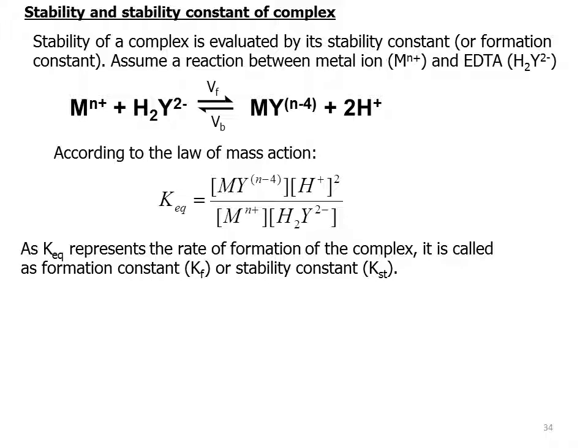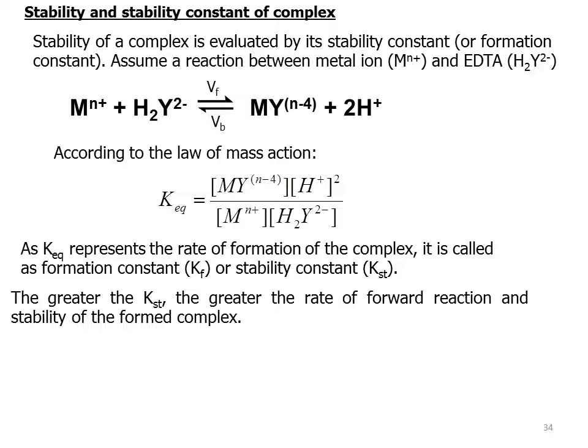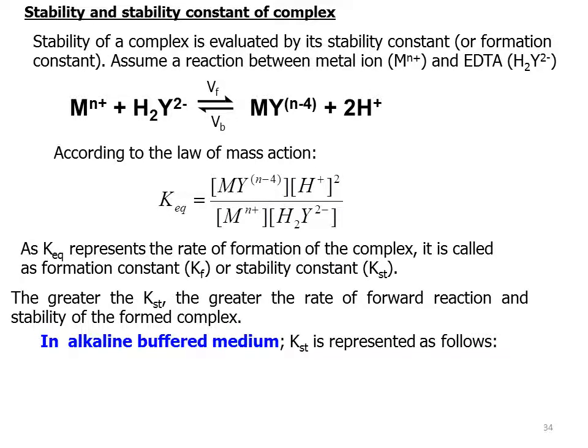So the K equilibrium represents the rate of formation of the complex. It is called the formation constant or stability constant. The greater the K stability, the greater the rate of forward reaction and the stability of the formed complex.